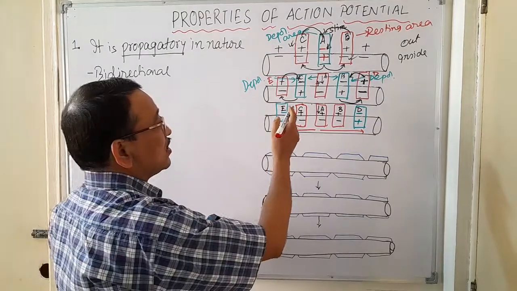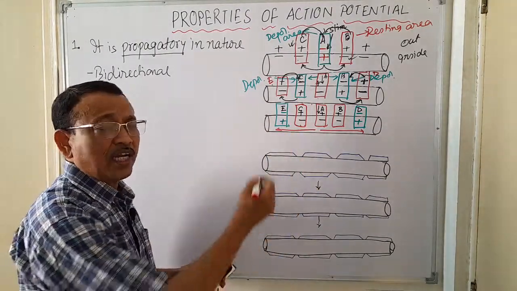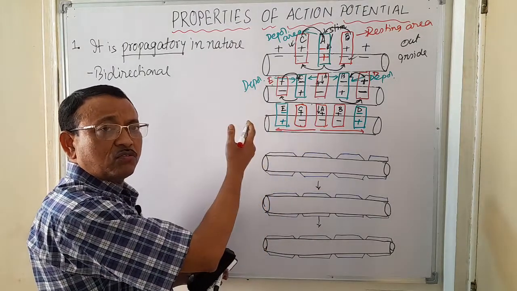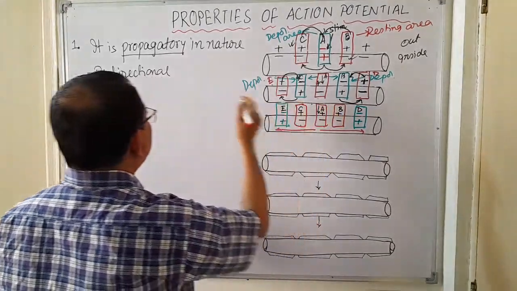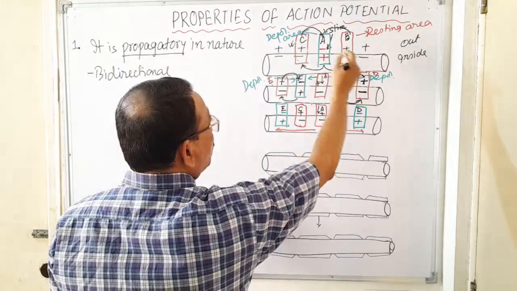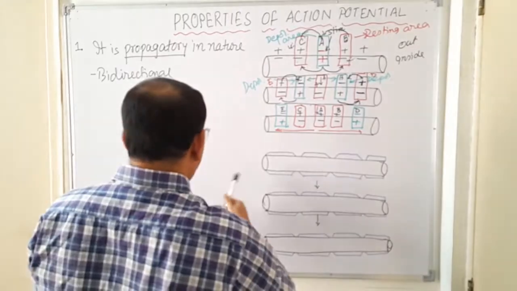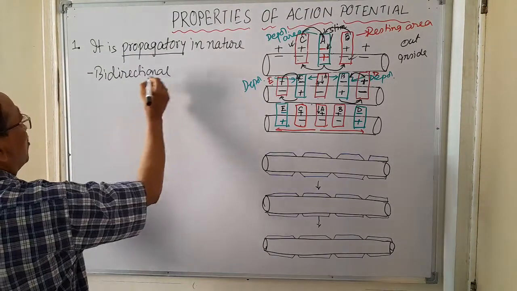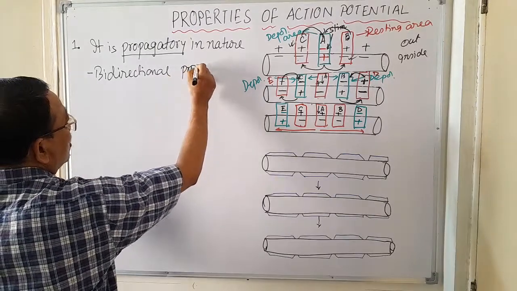This bidirectional propagation of the impulse takes place in case of non-myelinated fibers.